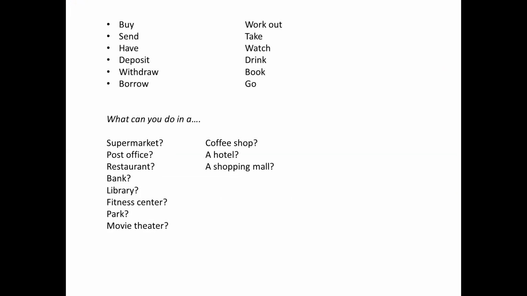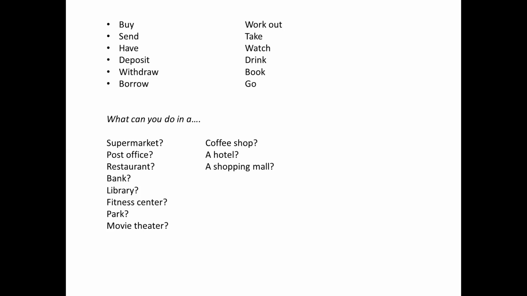So at the top, we have the same basic simple verbs. Now I want to ask you the new questions. So, what can you do in a supermarket? Now, do you remember how to answer the question? In a supermarket, you can buy, and then ... We need more.